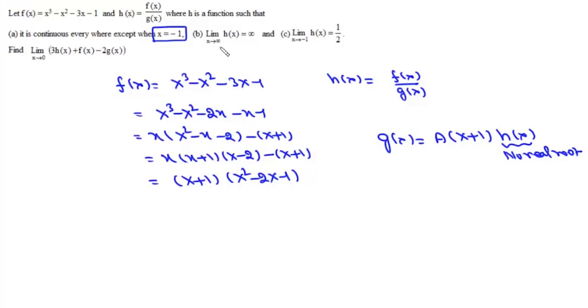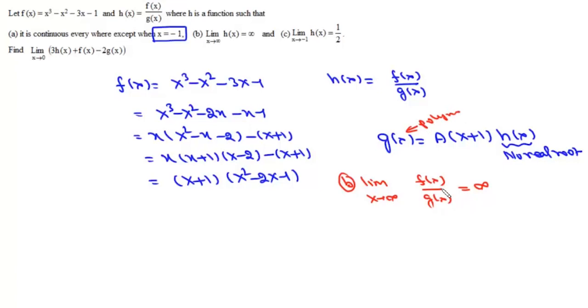Now in part B it says limit x tends to infinity, f(x) upon g(x) is infinity. Though it is not given in the question, g(x) has to be a polynomial function for this question. So I'll assume this g(x) is a polynomial function.